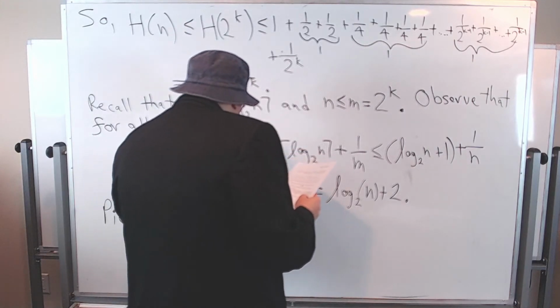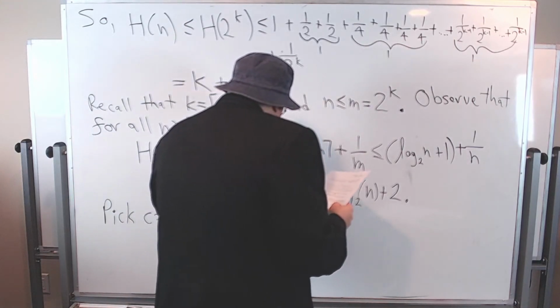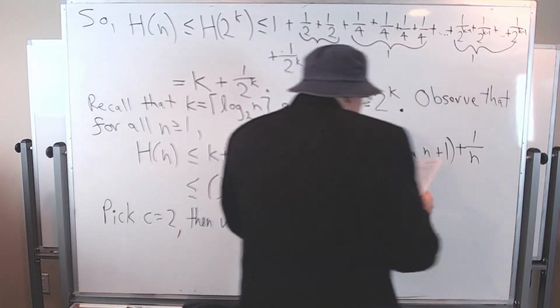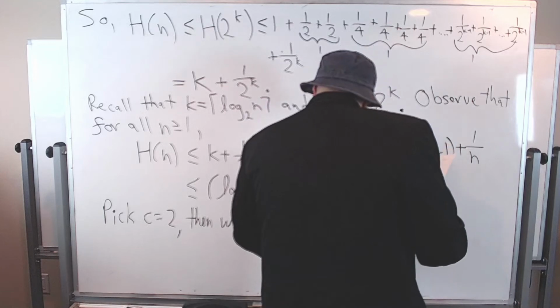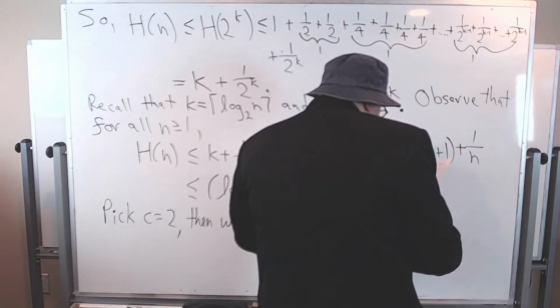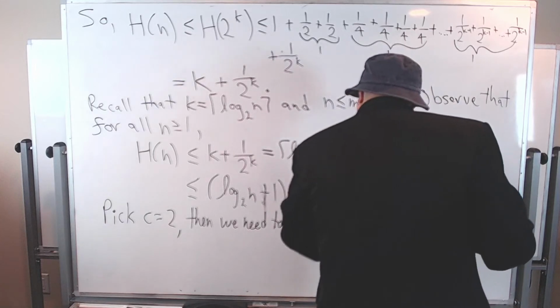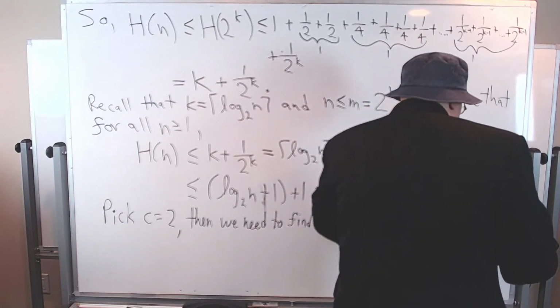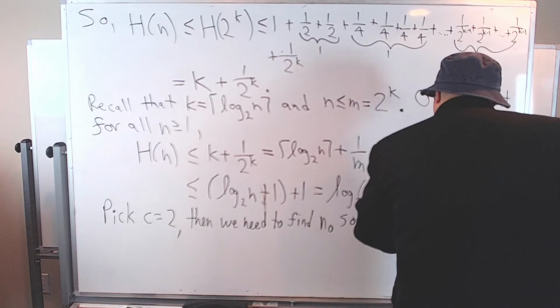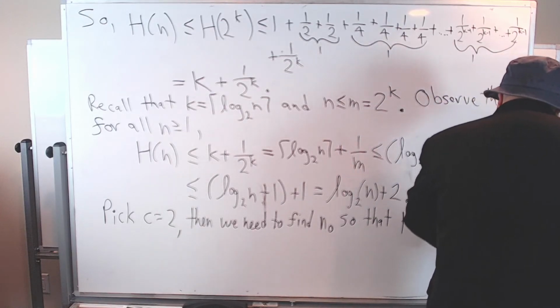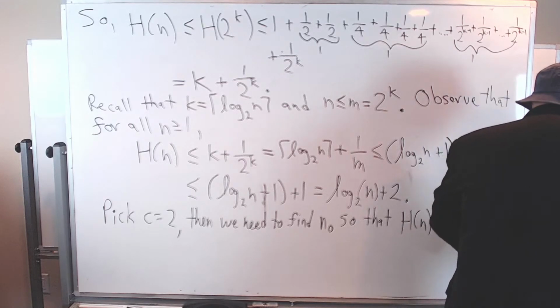And then we need to find n0, right? So that h of n, or the nth harmonic number, is less than or equal to 2 times log base 2 of n.